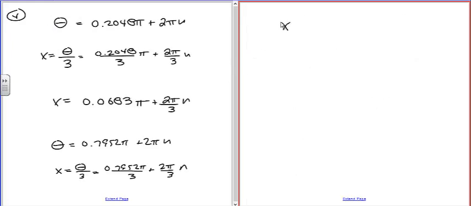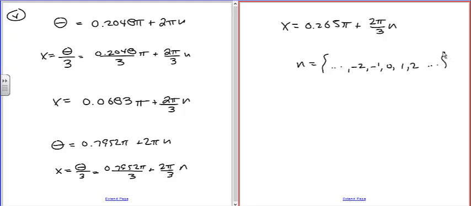So let's go ahead and do the calculation there. 0.7952 divided by 3 is 0.265 pi plus 2 pi over 3 n. And n goes as such, as it usually does. So that's the solutions for all values.